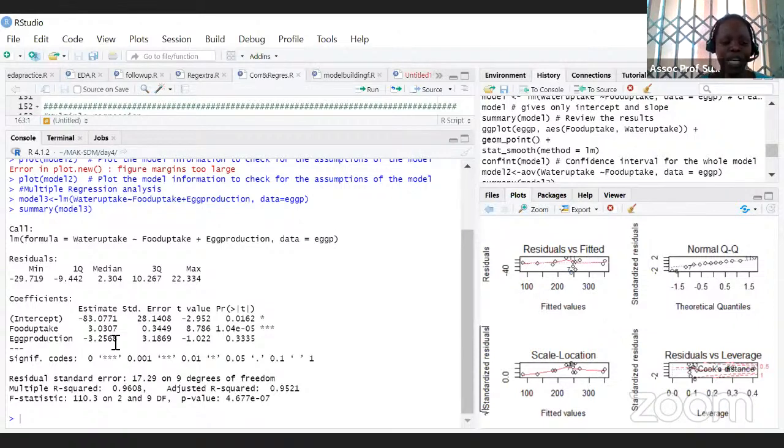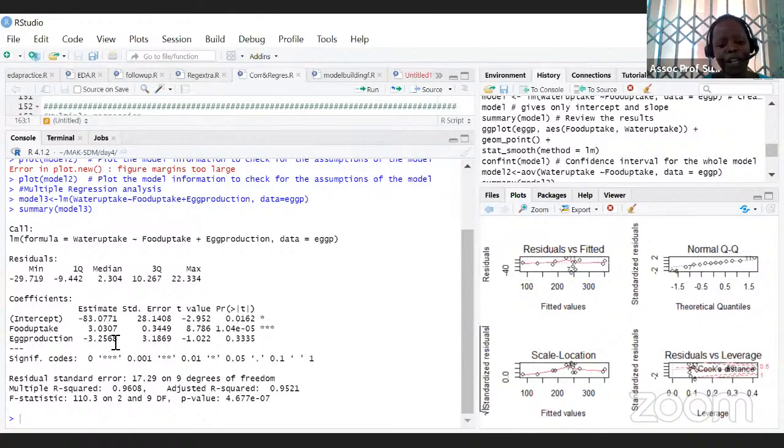Now, because we have more than one independent variable, we will use adjusted R squared to check the amount of variability explained in the response. If we look at the output, the adjusted R squared is 0.9521. This indicates that 95.21% of the variability in water uptake has been explained by the regression model.